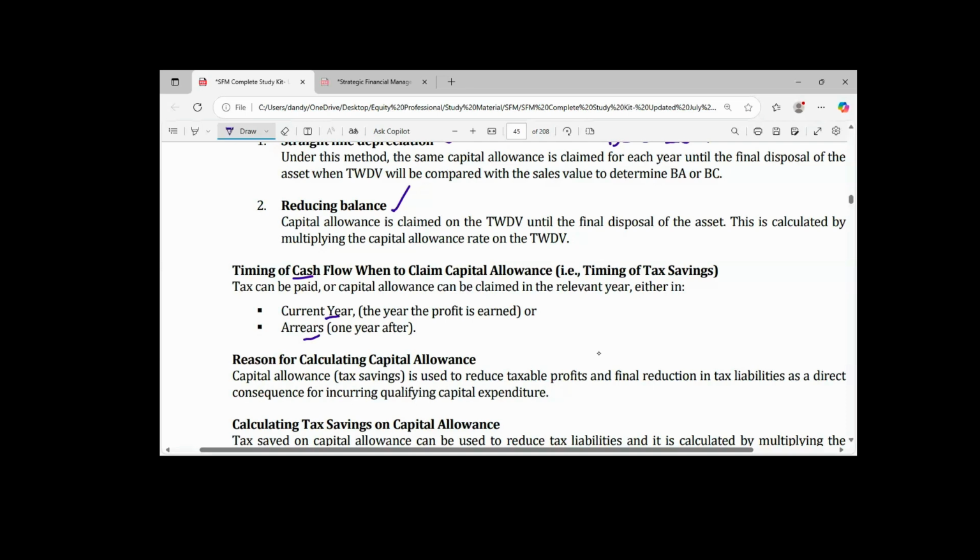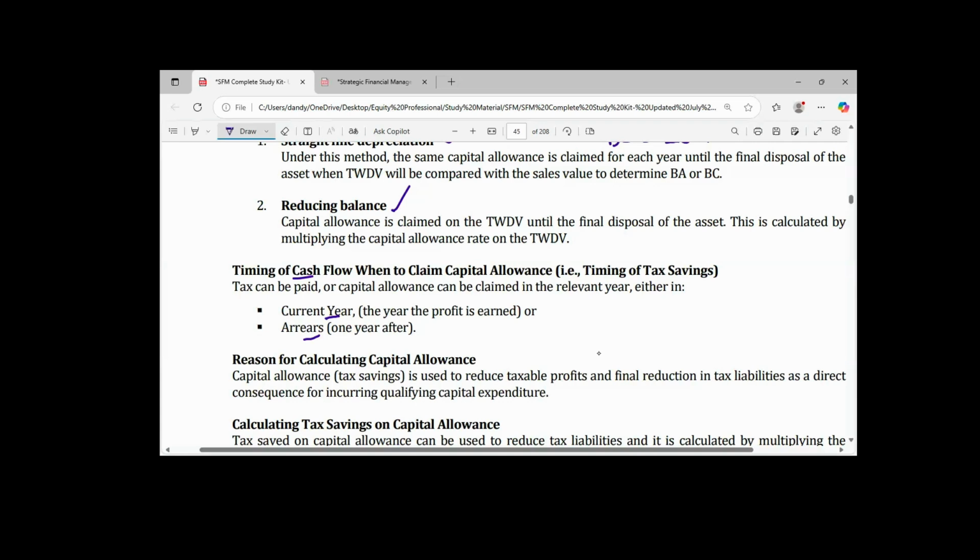However, if you are told that tax will be paid 1 year in arrears, then it means that after 12 months, the profit of year 1 will be taxed in year 2. The profit of year 2 will be taxed in year 3, and so on. So there must be a 1 year lag.